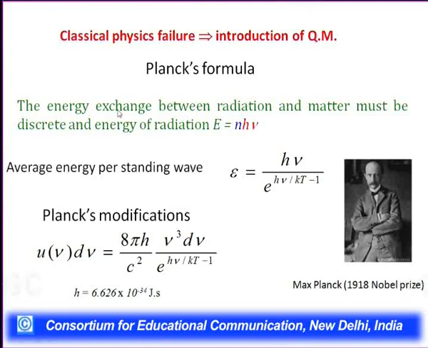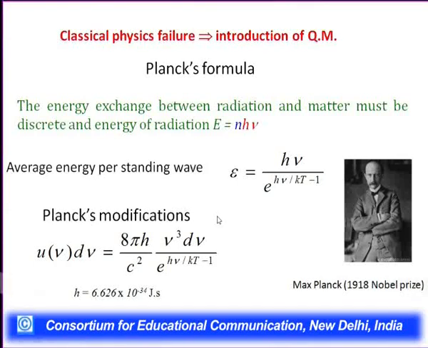The energy exchange between the radiation and matter must be discrete, and the energy of radiation is defined by E is equal to n h nu, which is defined by the quanta or packets of light. Then the average energy per standing wave is defined by E is equal to h nu divided by e to the power h nu divided by kT minus 1.